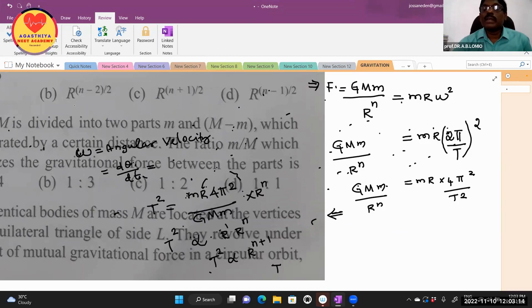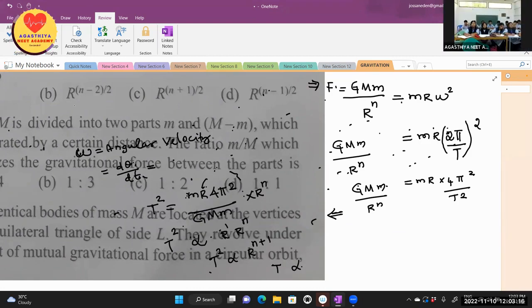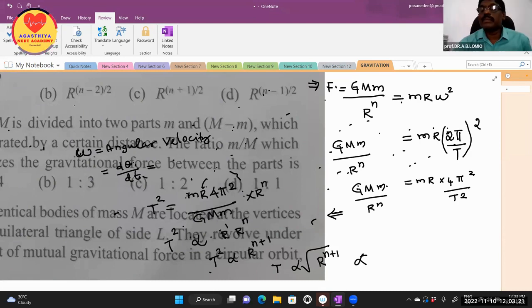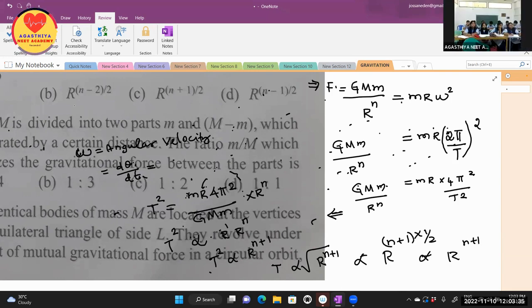Now take T: T is proportional to r power n plus 1, raised to 1 by 2, the square root. Correct? So r power n plus 1 divided by 2. That is the answer. Option C. Clear, students? Any doubt?